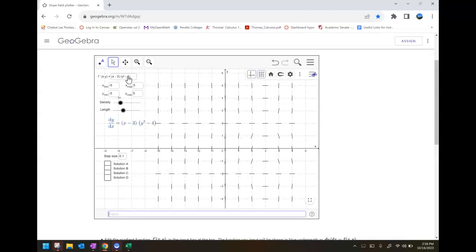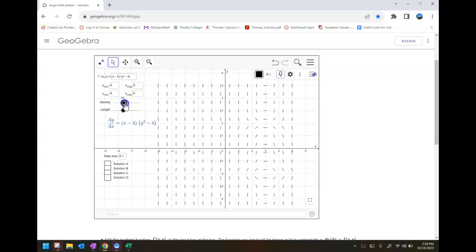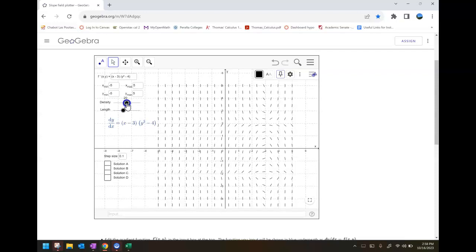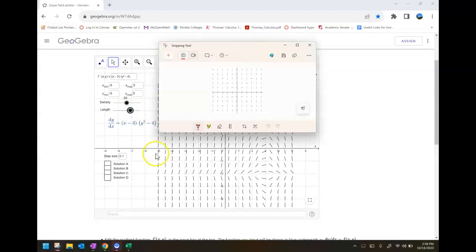And now go ahead and maybe change the density of this. I want a little more slope lines, and make the length a little longer. I go ahead and copy this over.